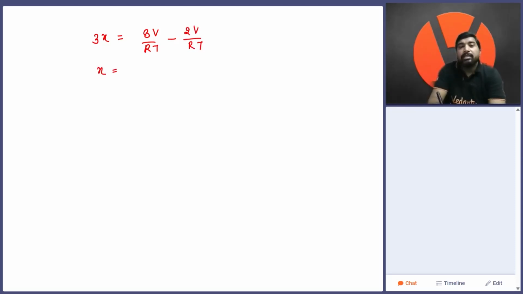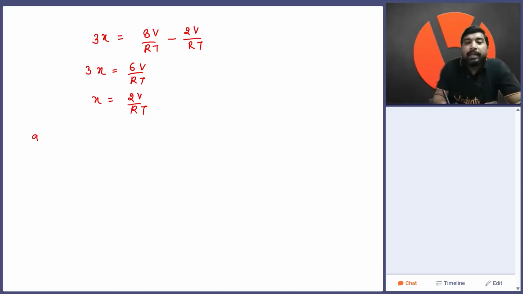So you will get 3X is equal to 6V upon RT. So X is equal to 2V upon RT. So the number of moles at equilibrium, NB is equal to 4V upon RT minus X. So that should be equal to 2V upon RT.